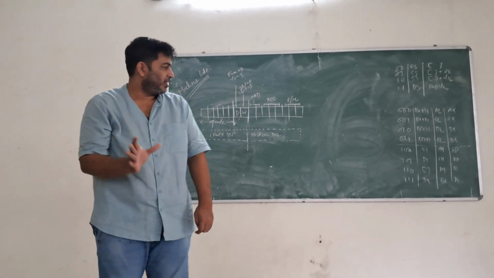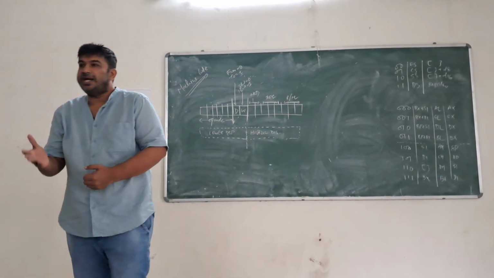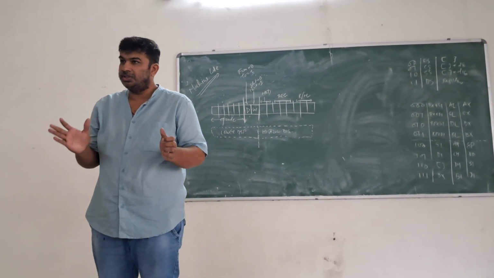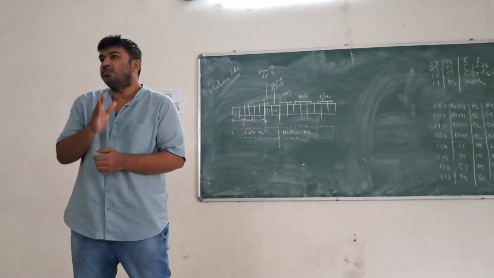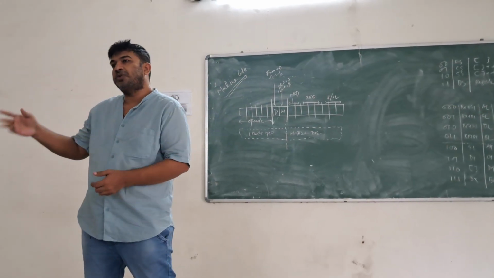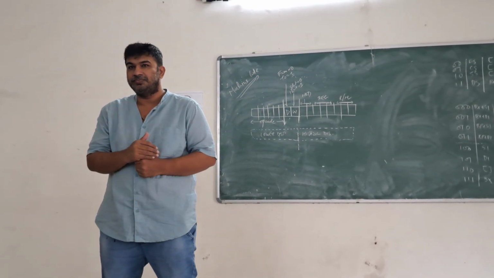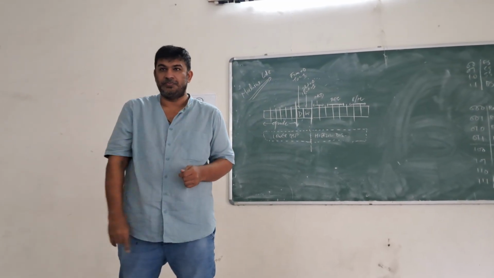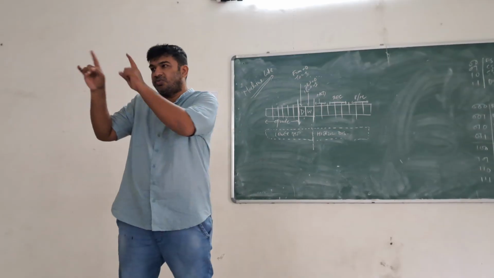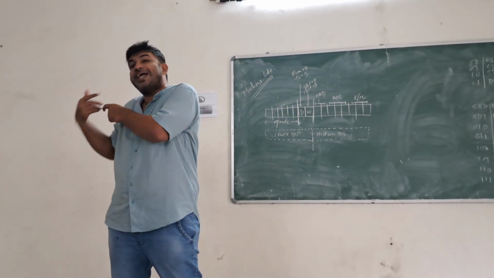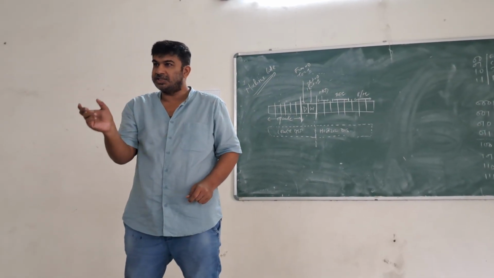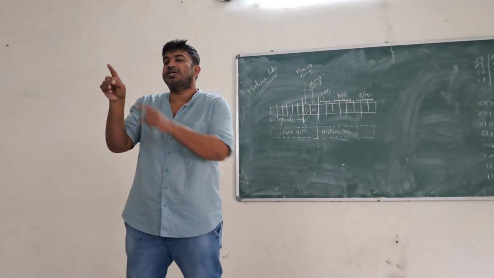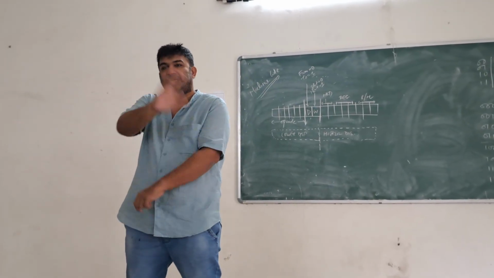Now we have already studied addressing modes also. If I say MOV AX, 1234H, this is immediate addressing mode. MOV AX, BX is register addressing mode. MOV AX, [1234H] is direct addressing mode. And MOV AX, [BX] is indirect addressing mode.